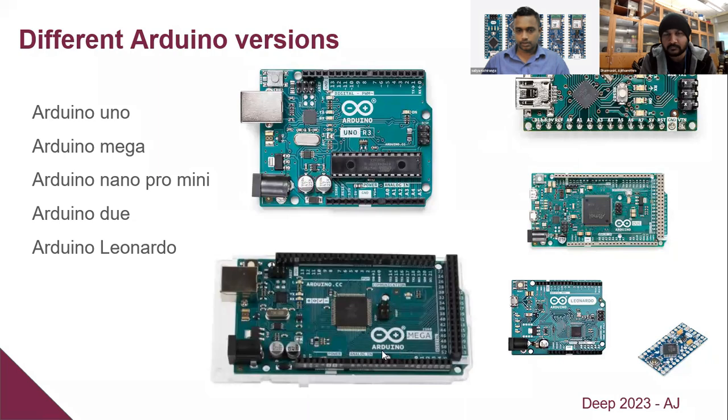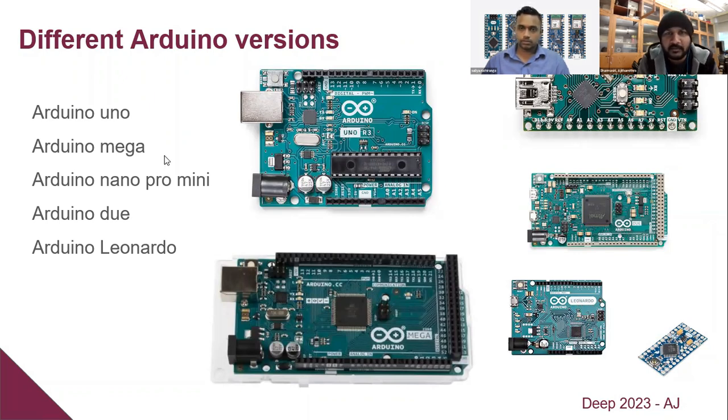The original boards also contain the Arduino name on the front of the board. Like this one says Arduino Uno. Next one is Arduino Mega. This blue little one here is called Arduino Pro Mini. This is Arduino Leonardo. This is Arduino Due, and so on.